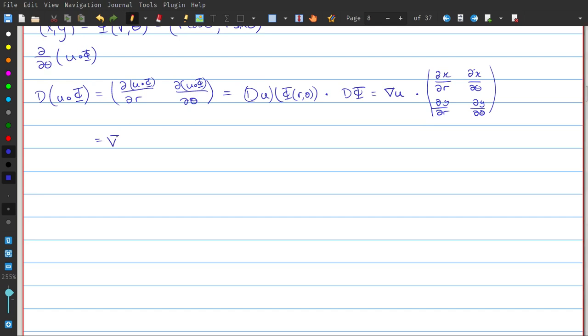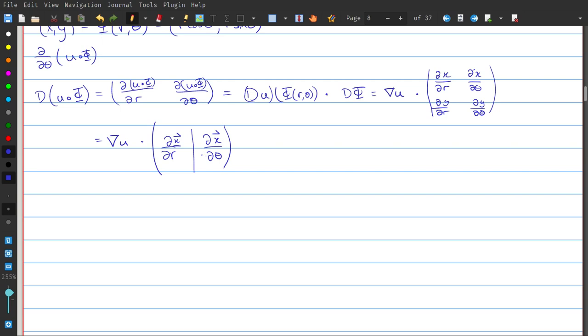So maybe a nicer way of writing this matrix is, in the first column, we have all the coordinates, so the position vector, with an arrow on top for vector, differentiated with respect to r. And then in the second column, we have all the coordinates with respect to theta.